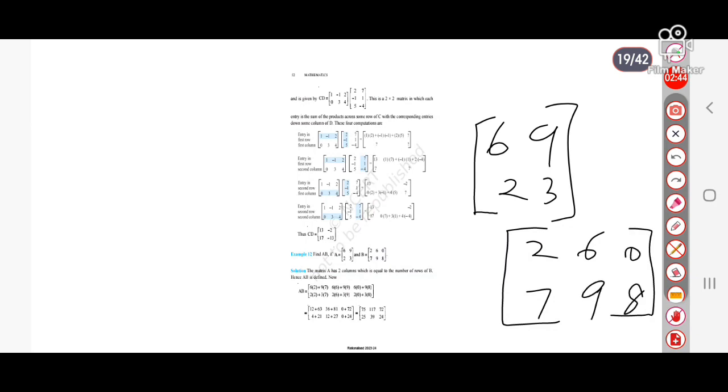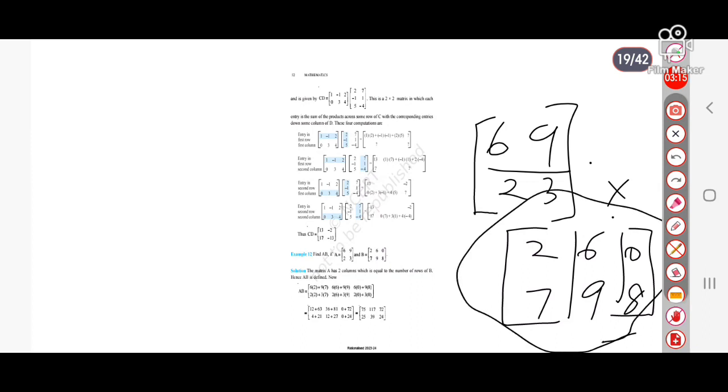Both should be multiplied, as the question asks us to do. Just as they split this into rows and columns, the same way they split up here with respect to rows and columns. By this way the resultant matrix will be of this format, that is 2 rows and 3 columns, a 2 cross 3 matrix.